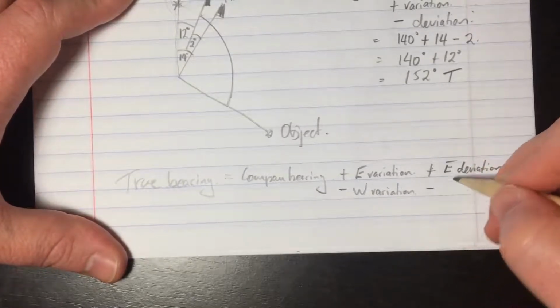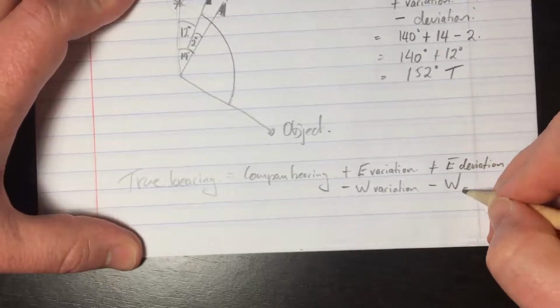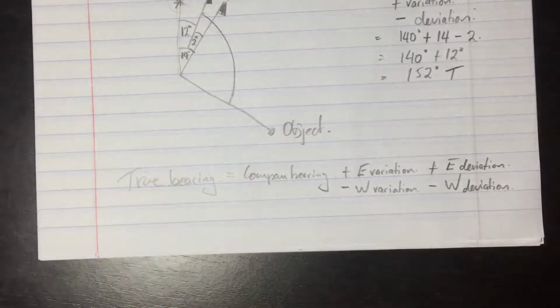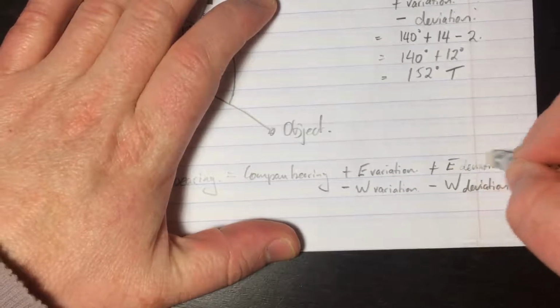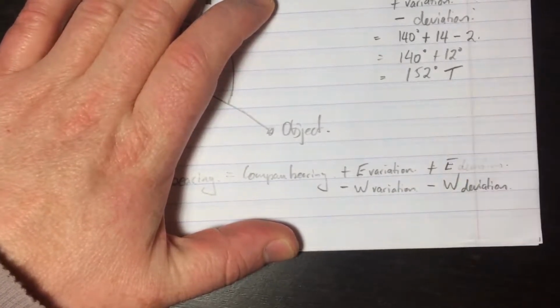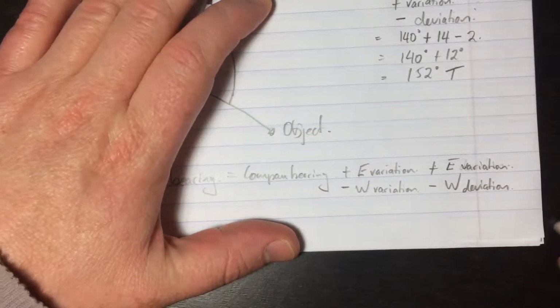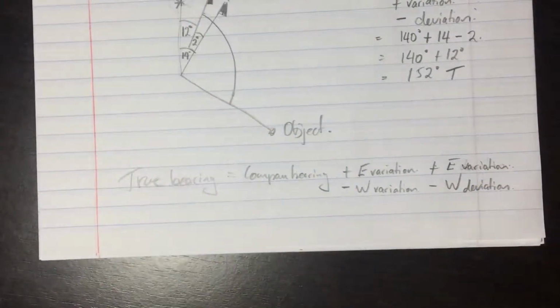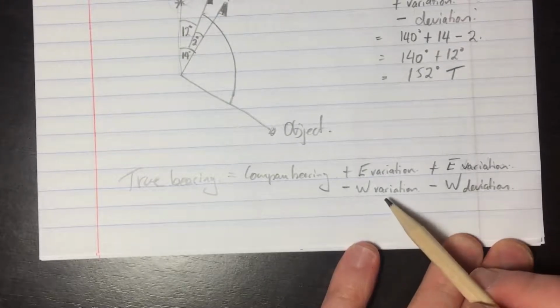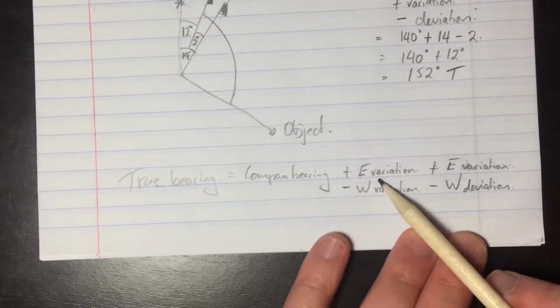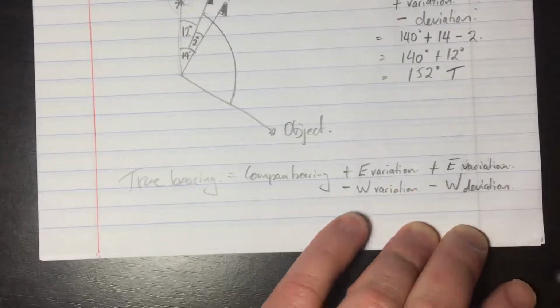If it was a westerly deviation, we'd take it away. If it's an easterly variation, we add it.